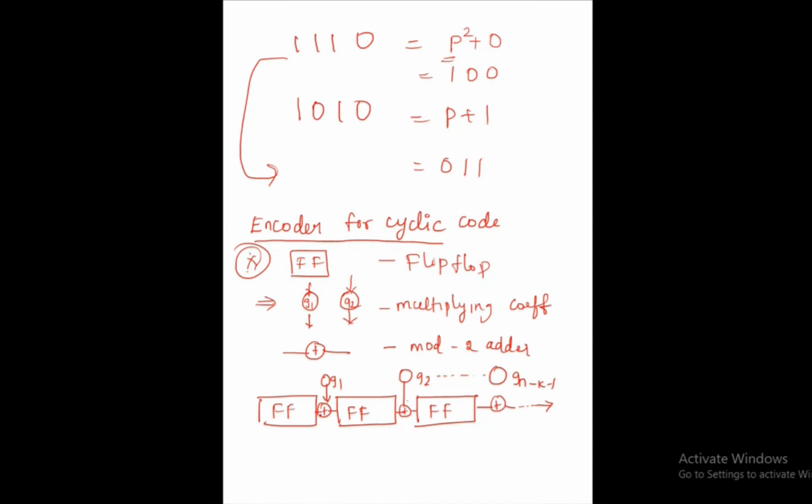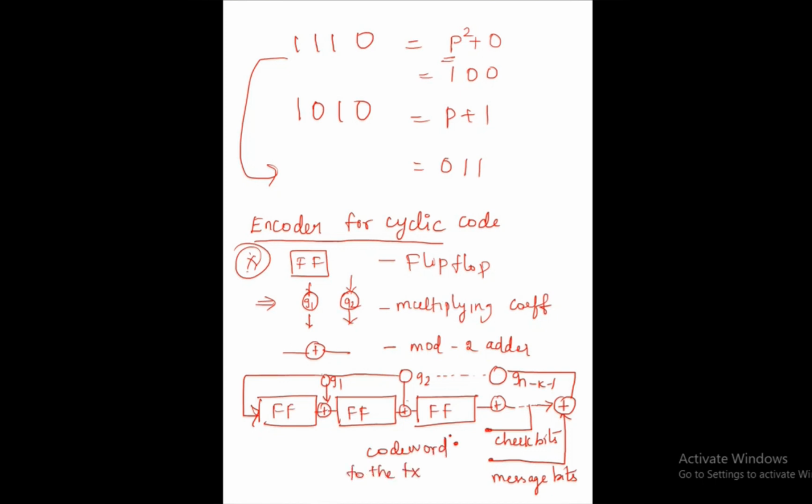Along with your flip-flop output, you have to multiply by your G1 coefficient. So this is your encoder diagram.